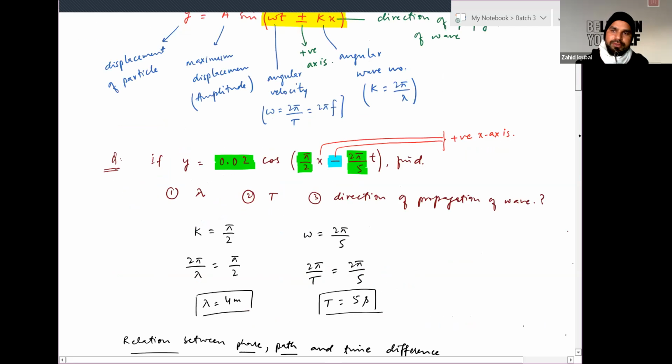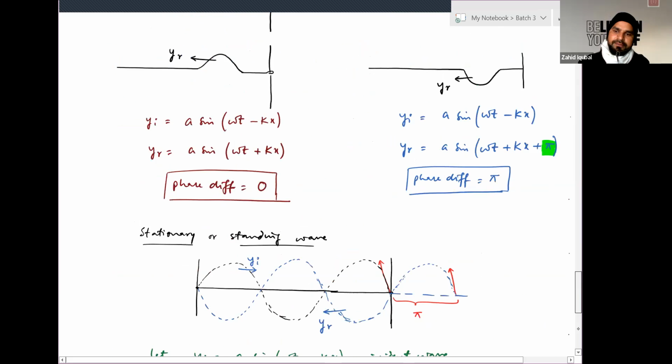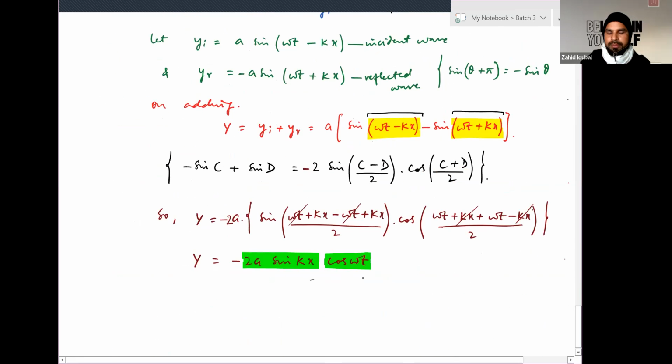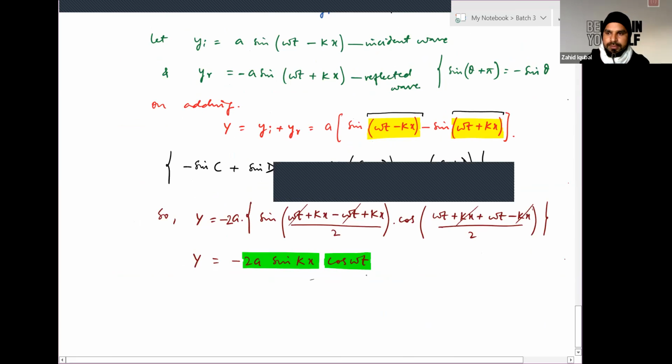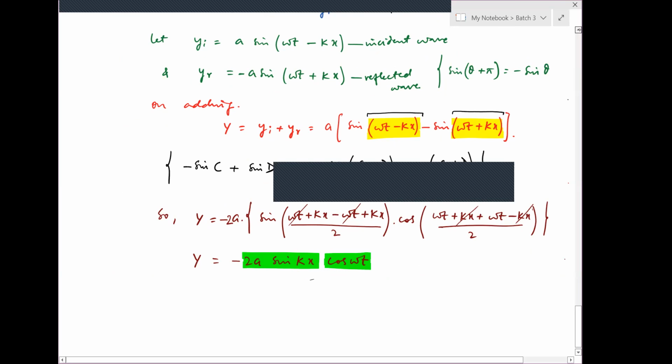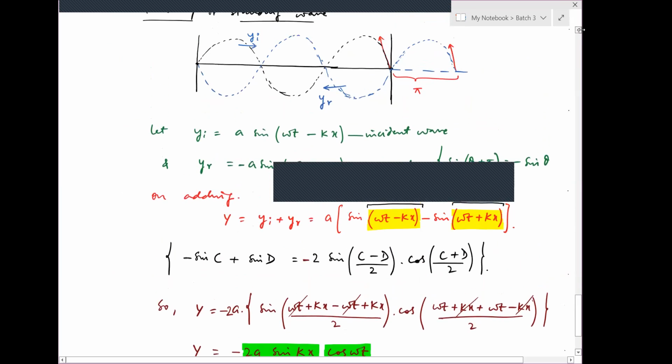But in case of standing wave, kx and omega t must be two different functions separated from one another. So this is how we can differentiate traveling wave and standing wave. Is it clear? Yes, sir. Okay, just write it down to this part.